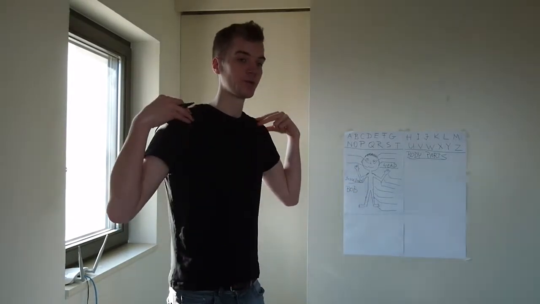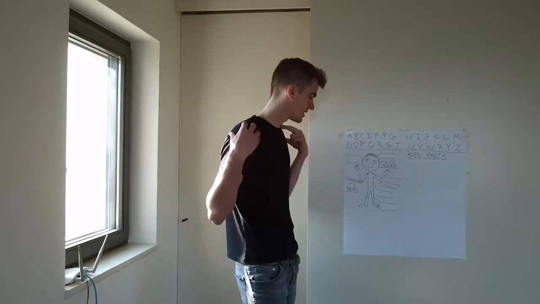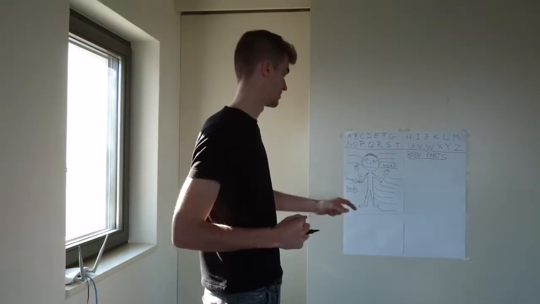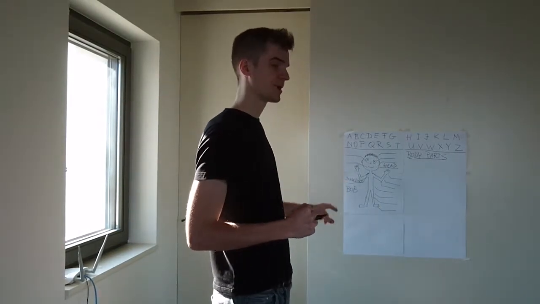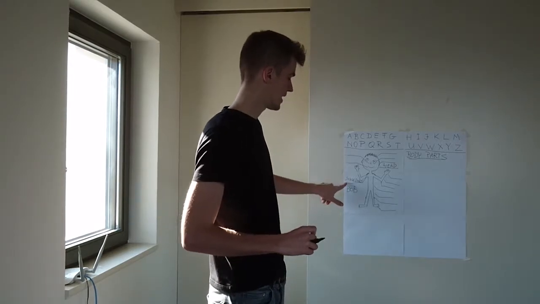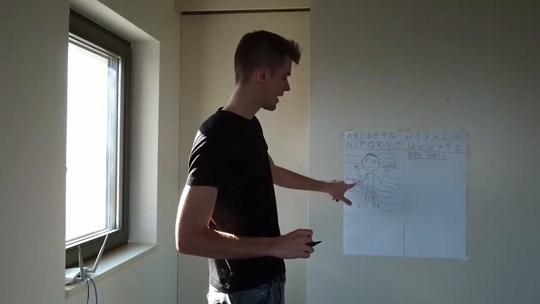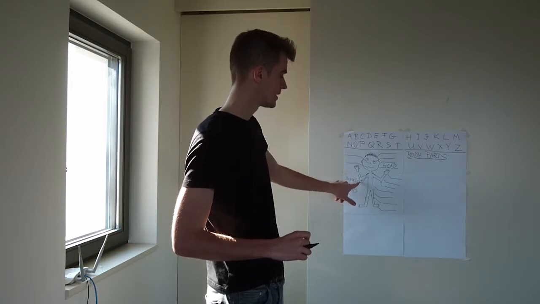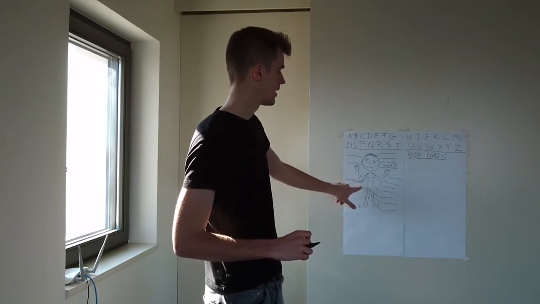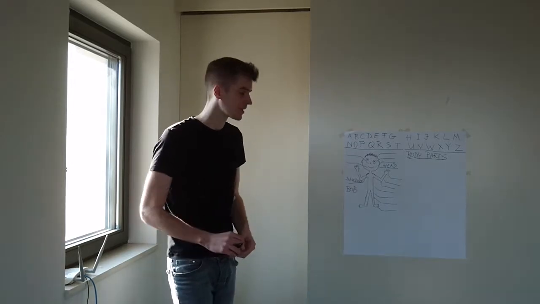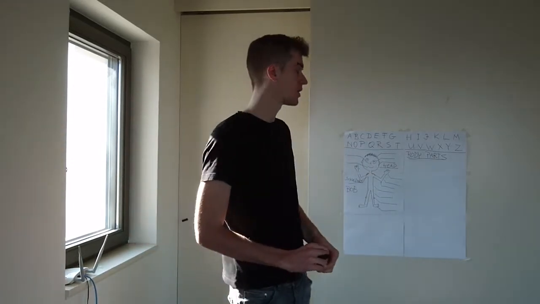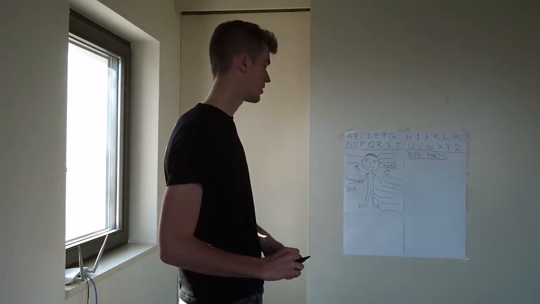If you're talking about both shoulders, then you say the S at the end. It's plural. So, how do you spell shoulders? S-H-O-U-L-D-E-R-S. Yes, very good, guys. This is a tough word, very long.